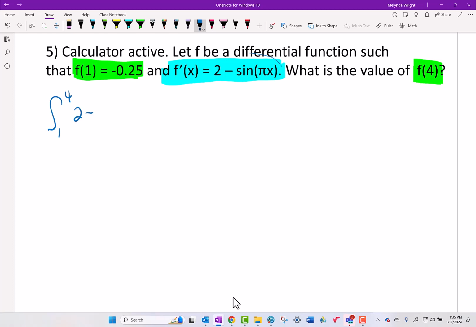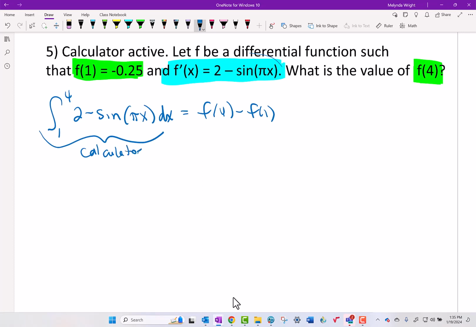So the integral of 2 minus sine of pi x dx equals f of 4 minus f of 1. Okay, this is method 2 from the previous problem. This part I'm going to put in my calculator.